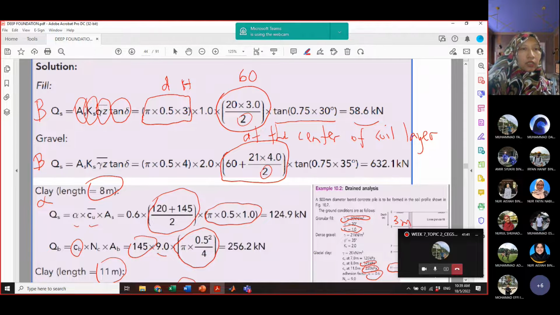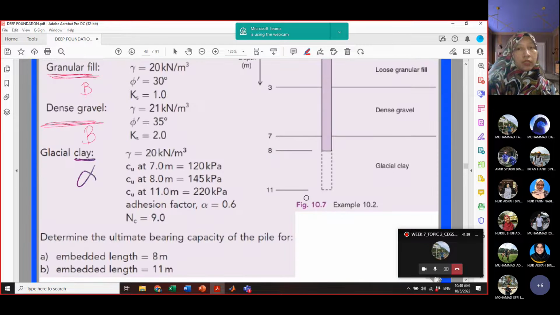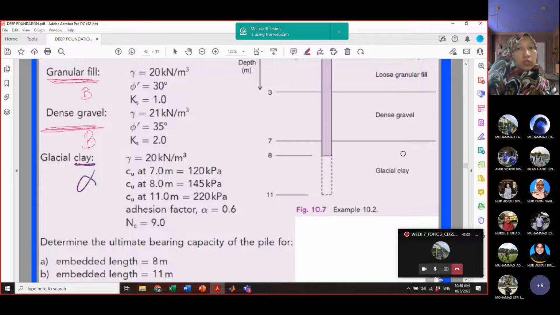First, why doesn't it directly calculate QS? Why doesn't it directly calculate QB? And if you understand the concept, you can directly calculate QB. But you have to know which layer QB is located in. Because this question has 3 layers: 1, 2, 3. If you understand that QB is the ultimate bearing capacity at the end of the bottom of the pile, then we will see that QB is located in the third layer of soil at a depth of 8 meters. So when you want to calculate QB, just now I said that QB can be in sand or can be in clay.